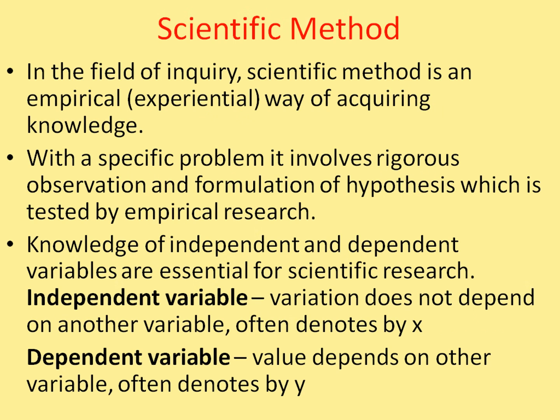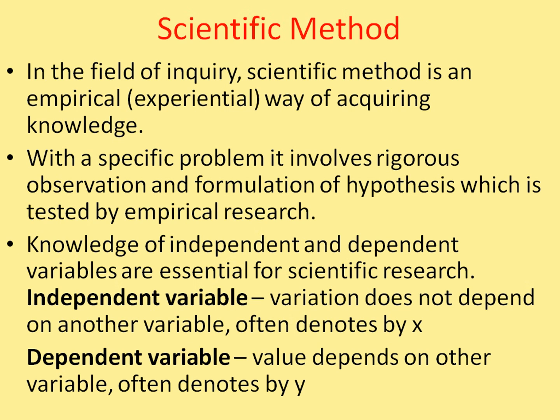Scientific method involves acquisition of knowledge and development and testing of hypothesis. In the field of inquiry, scientific method is an empirical way of acquiring knowledge. Empirical means evidence is collected through systematic observation or through experience.